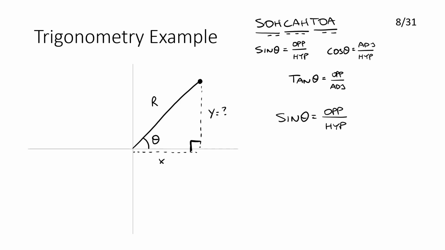Now I'm going to write it in terms of this specific triangle I see in front of me. So sine of theta is equal to the opposite side, which is y, over the hypotenuse, which I labeled as r.